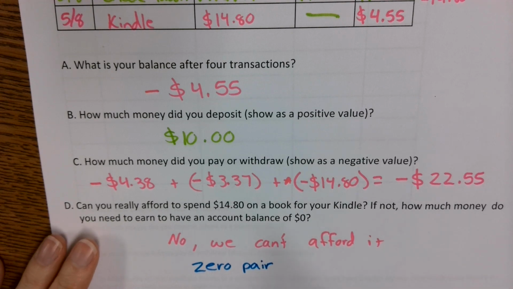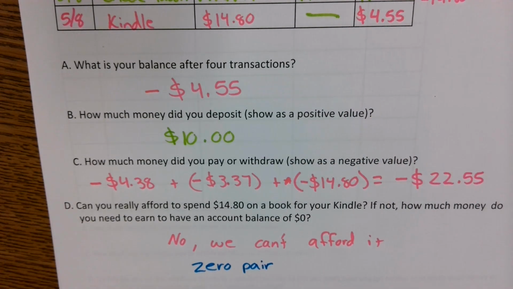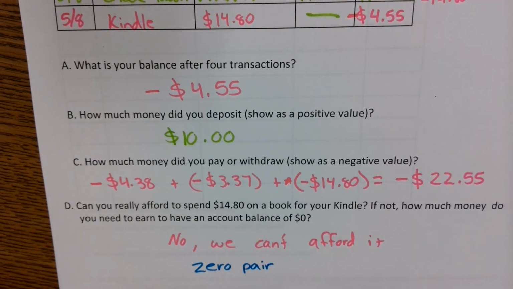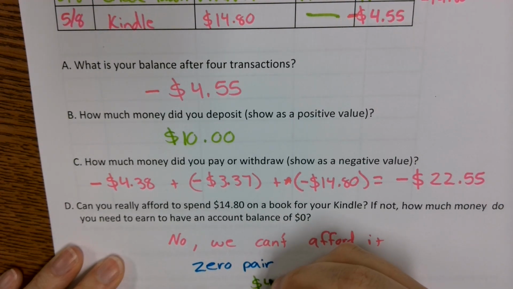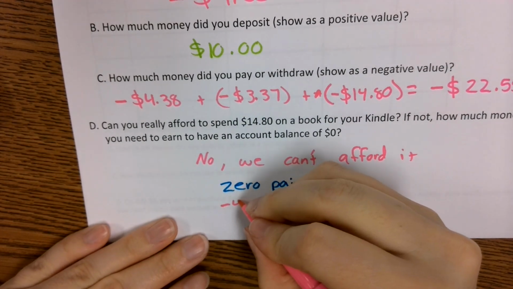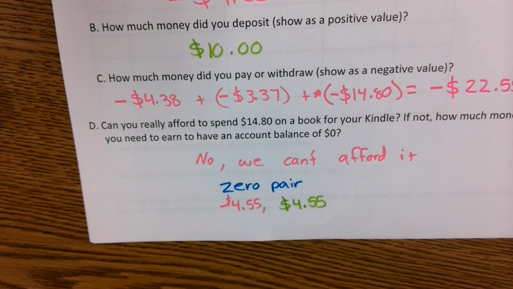What would be the zero pair of negative $4.55? Positive $4.55, right? So we want a positive $4.55 to pair off with our negative $4.55. Okay?